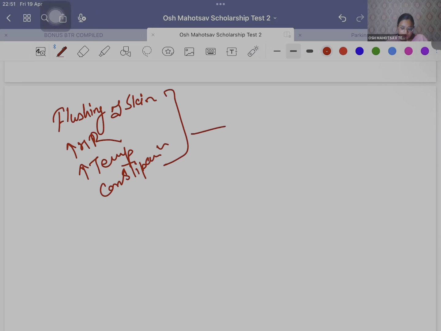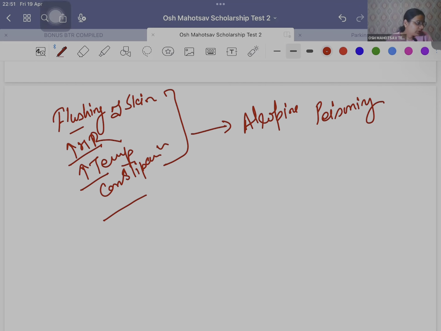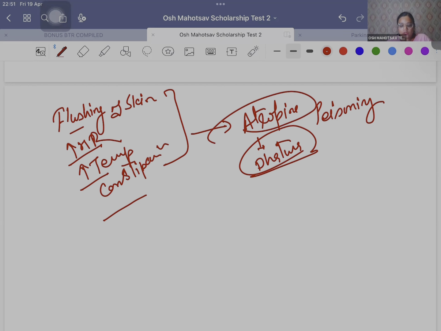So we have our diagnosis. They have increased heart rate, increased temperature, and constipation. The diagnosis is atropine poisoning, since they have taken it from those areas. This medicinal plant can be dhatura, because in dhatura or even belladonna, the active principle is hyoscine or atropine.